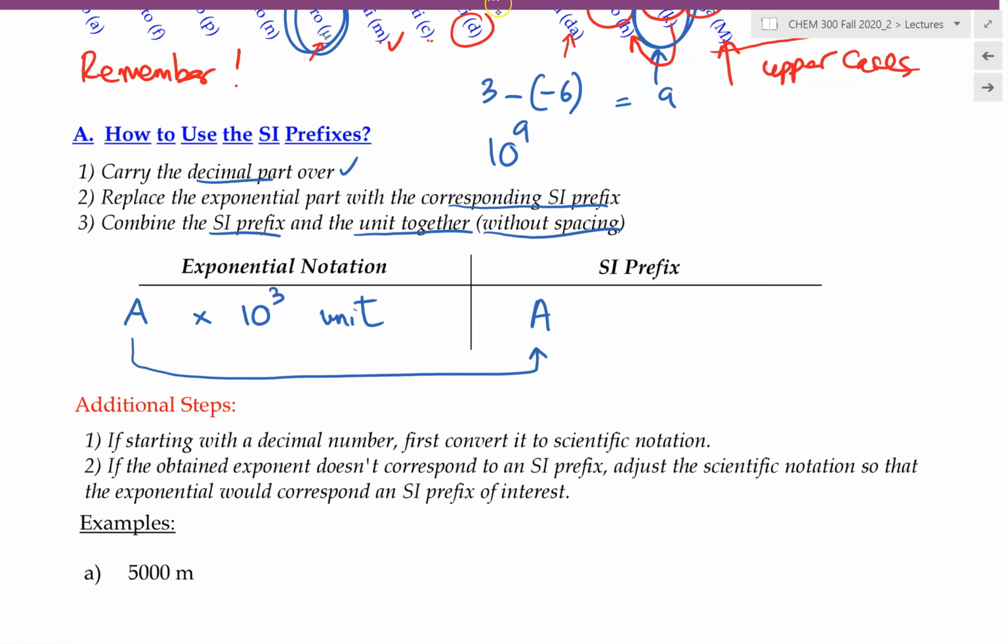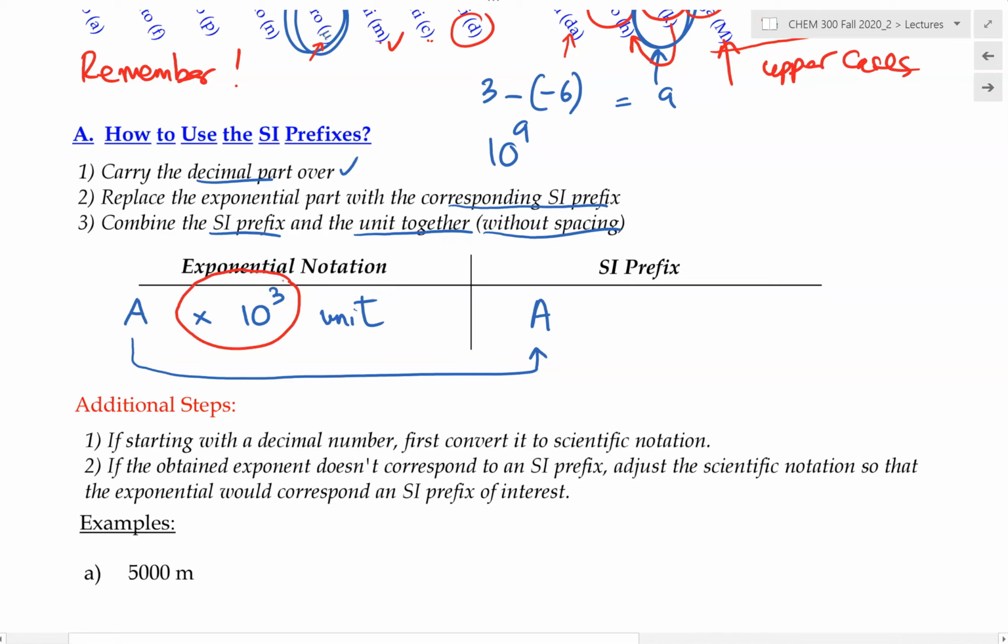And now, we will be replacing the exponent. In this case, it is times 10 to the third. 10 to the third corresponds to the prefix kilo. And because now we're writing this out, we do not write kilo, but we write the lowercase k. And then we put in the unit, and we combine the unit and the prefix together. So then it becomes A kilo unit. And depending on what the unit would be, it can be meter, it can be second, it can be any type of unit.